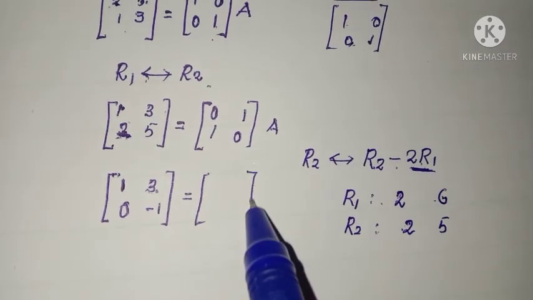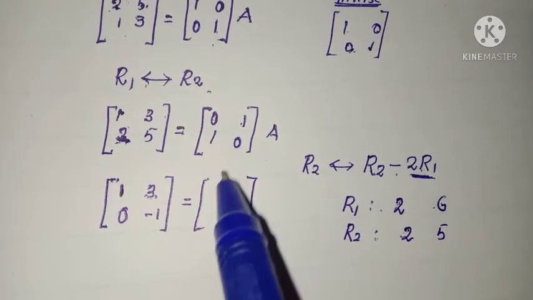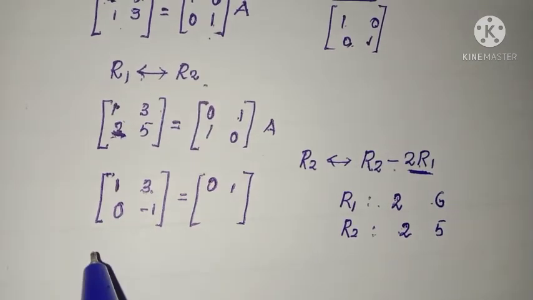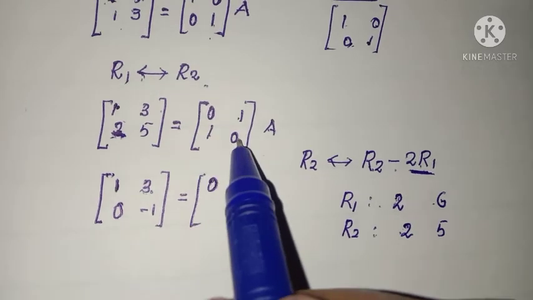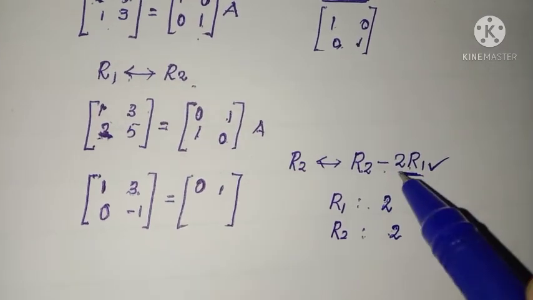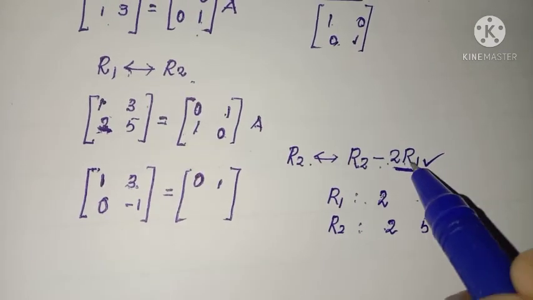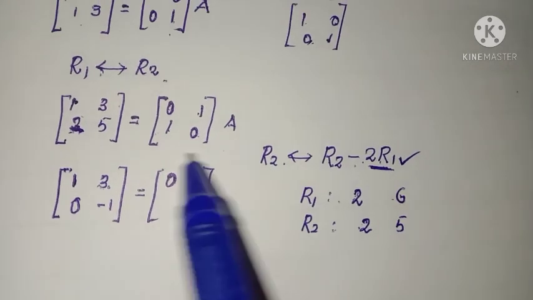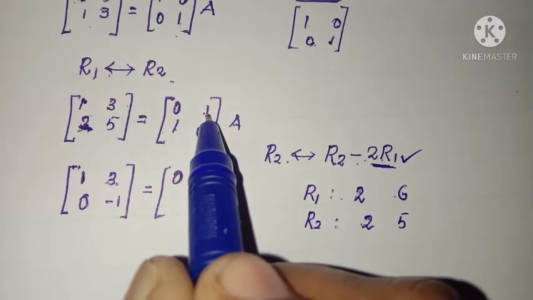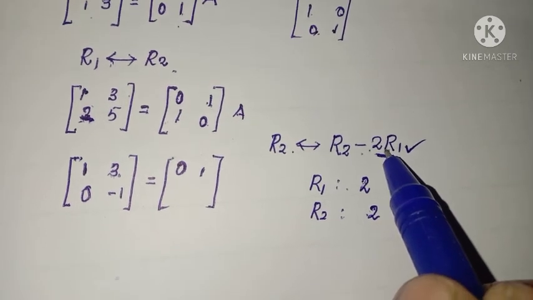Similarly, here also there is a change. There is no change in the first row, so 0, 1 itself. The second row reduces to... What is the transformation? The second row becomes R2 minus 2R1. What is R1 here? 0, 1. So we want to multiply the first row by a scalar 2.